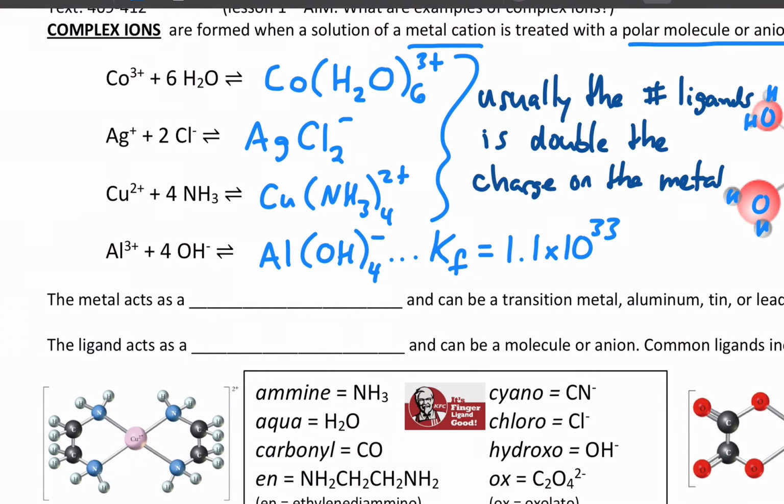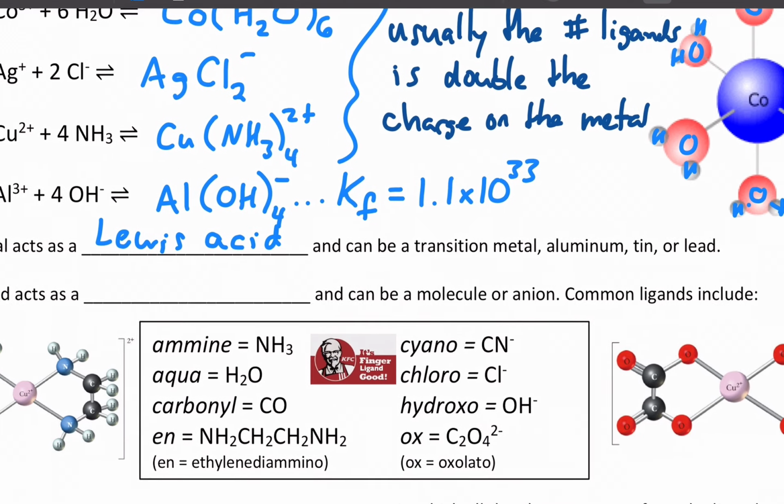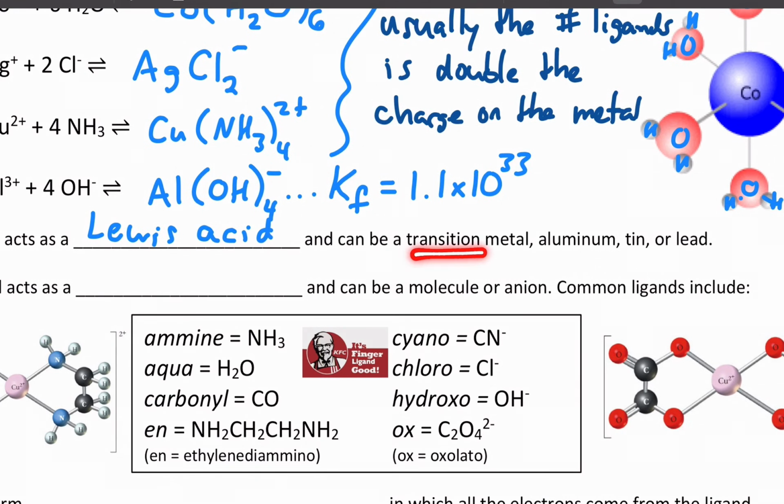To add some vocabulary words to your repertoire, the metal acts as what's called a Lewis acid. And that's an electron poor species. Any transition metals, and many post-transition metals like lead and tin can do this, and even aluminum, as we just saw.